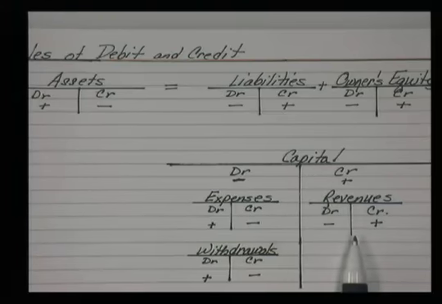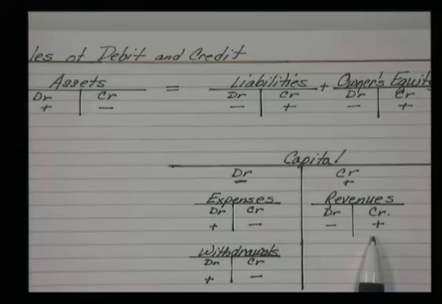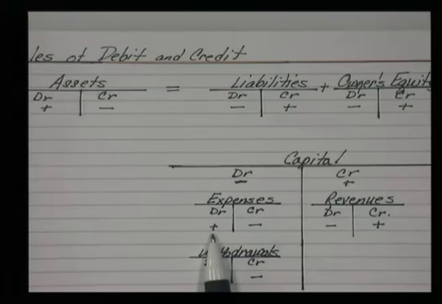Capital and revenue are increased on the credit side, so they have a normal credit balance. And expenses and withdrawals are increased on the debit side, so they have a normal debit balance. I would use this index card as you go through this chapter and the other chapters to help you understand the rules of debit and credit.